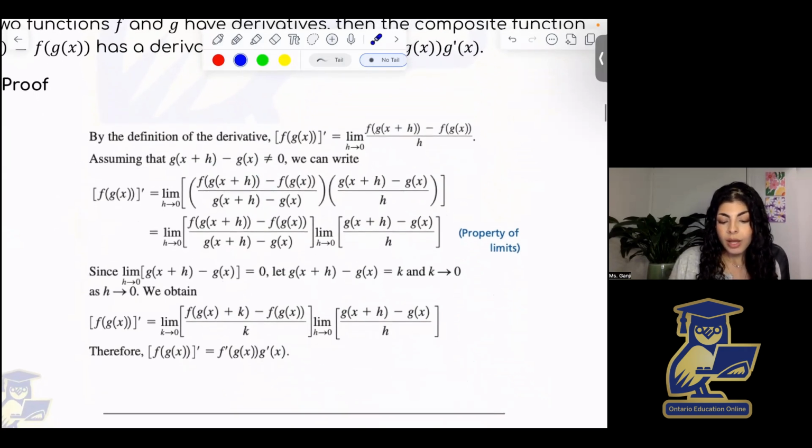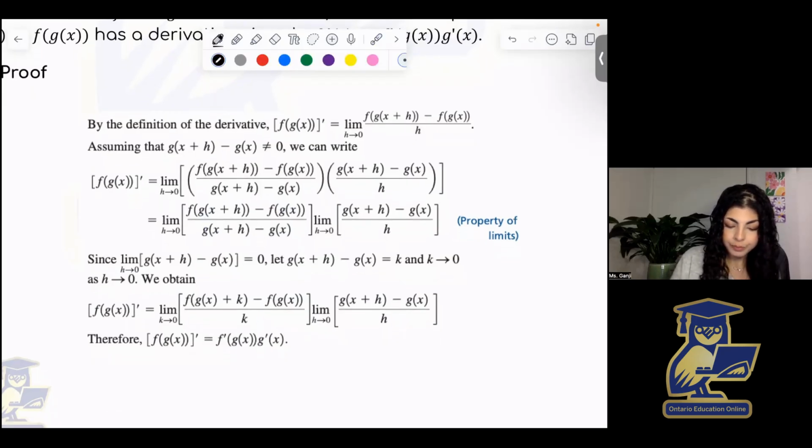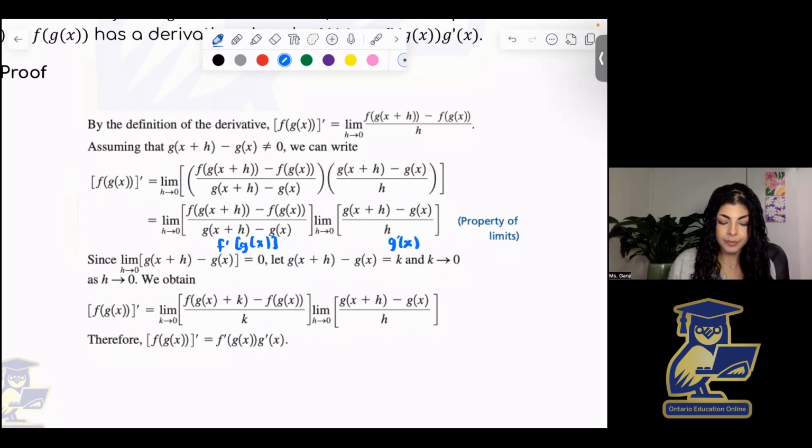And so here we're just using our limit laws to expand this and rewrite it. And we can see that this part over here is going to be equal to f prime of g of x. And this one is g prime of x.